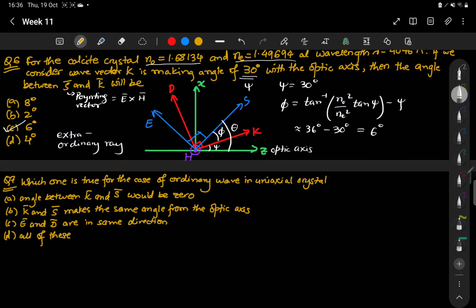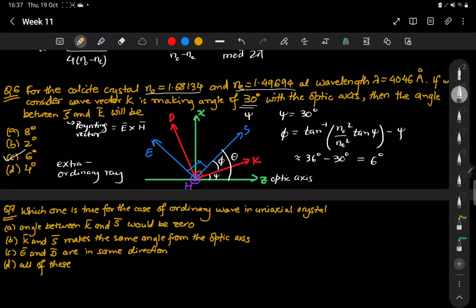This one is for the ordinary ray. Again, K is the wave vector and S is the Poynting vector.